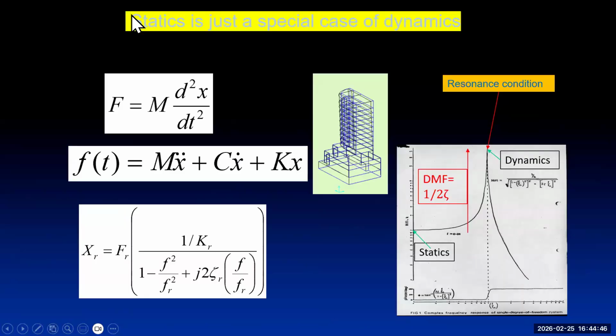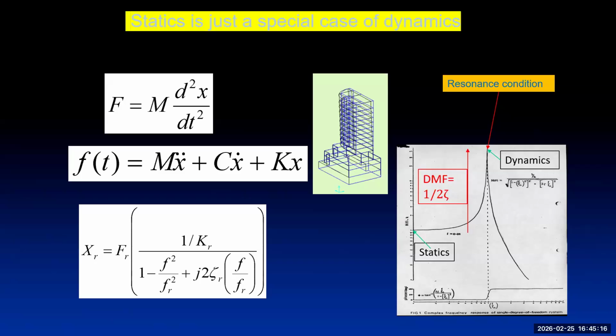I don't want to go too much into detail here, but this is basically just saying Newton's second law of motion: force equals mass times acceleration. In practice, on the bottom right-hand side here, you can see statics and dynamics. If you're down at zero frequency, then you have a force that you put on and you have a displacement which occurs.